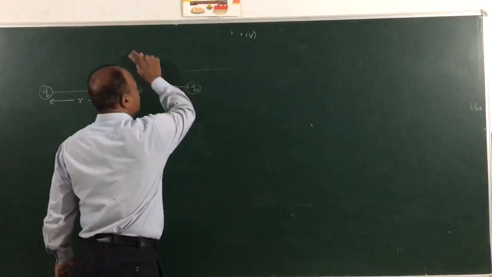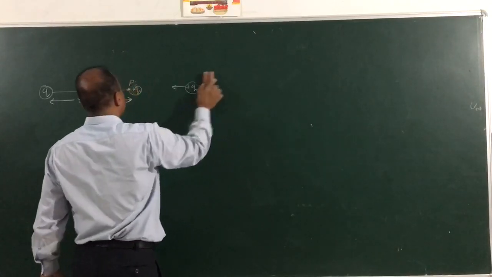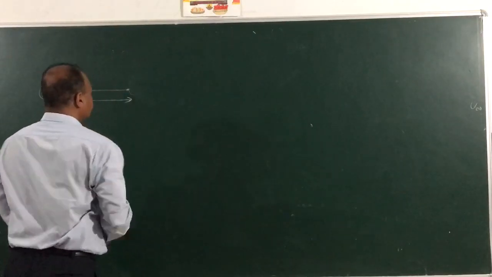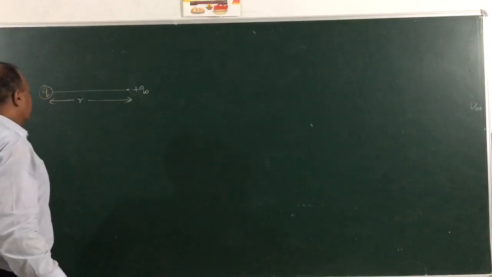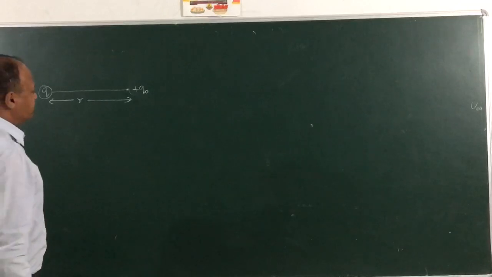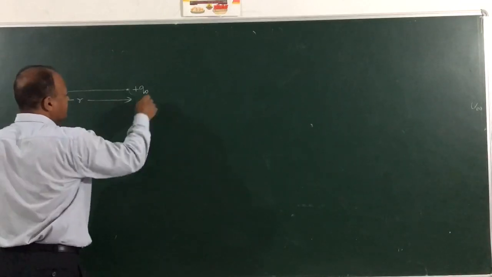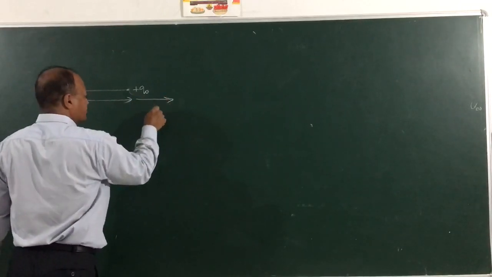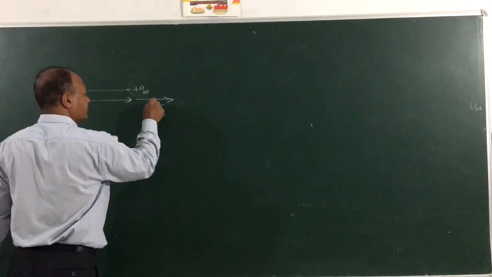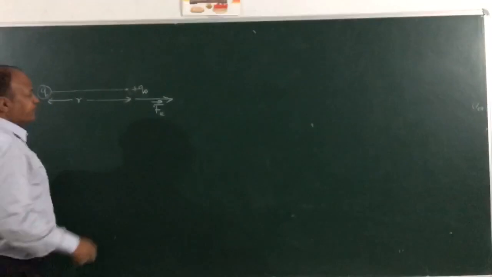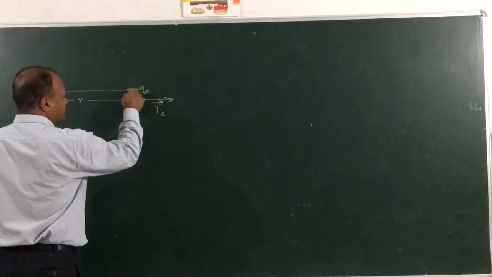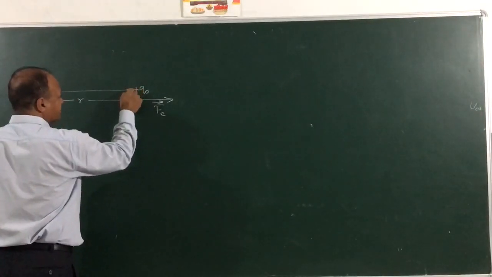As I am bringing this charge plus Q naught from infinity, remember, this charge Q naught is being repelled by charge Q. This is force F. And now this external force is shifting it towards the given charge like this.